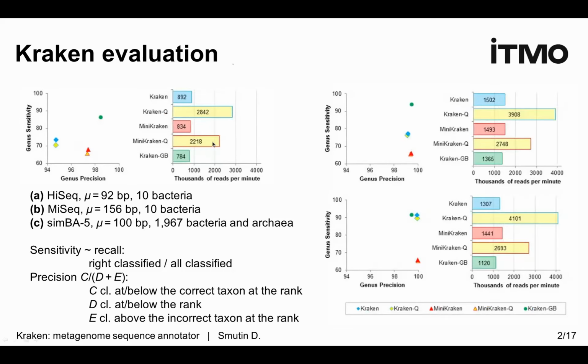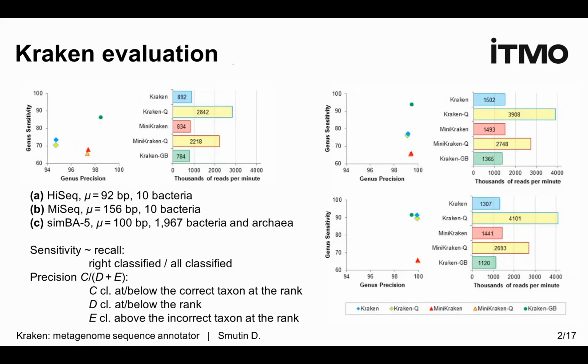Secondly, they made faster versions and smaller versions of Kraken: Kraken Q and MiniKraken Q. And it is interesting that even on small databases, Kraken predicts species really well.